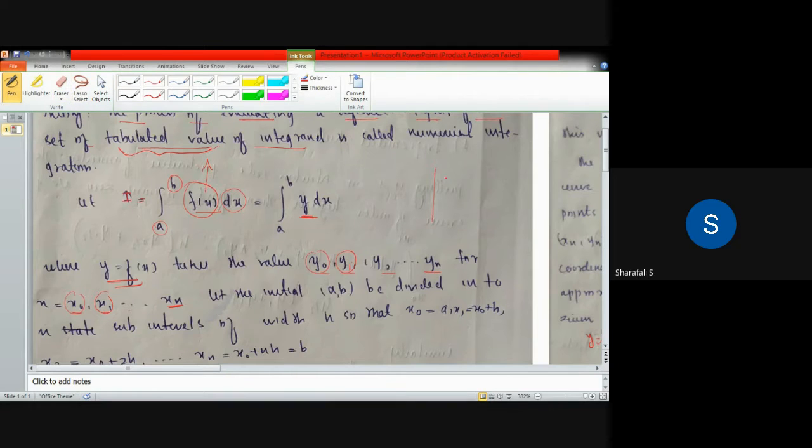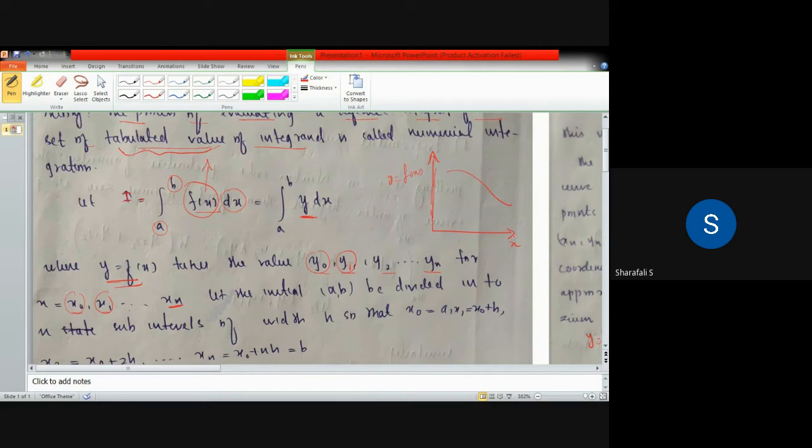The process is like this. Consider this as your y-axis and this as your x-axis, and you have some function like this. This is your f of x function, that is y equal to f of x.